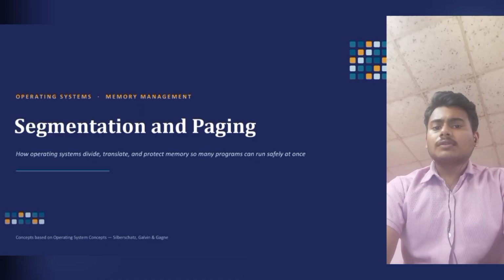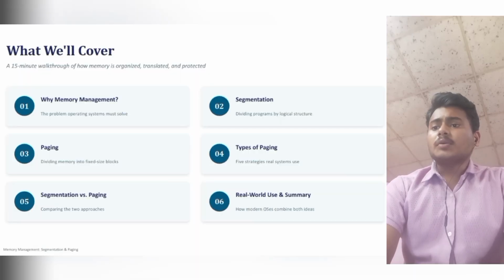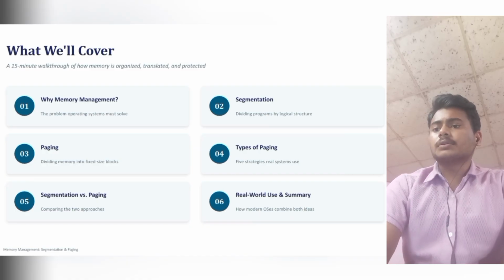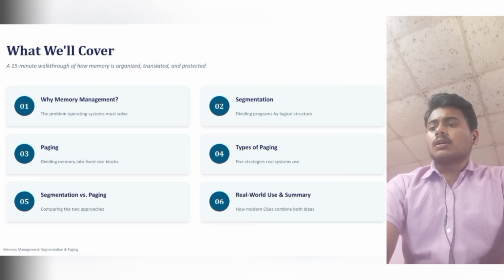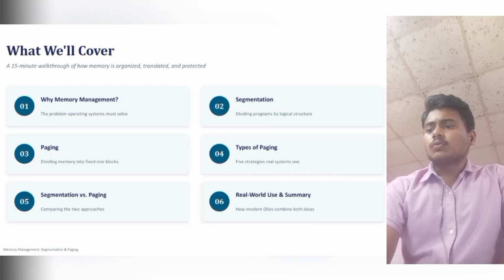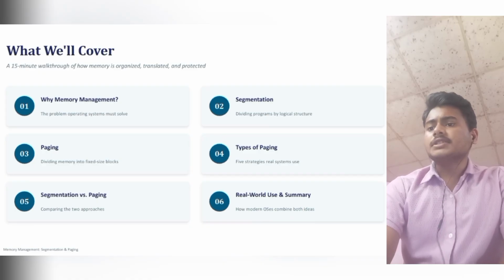We are going to cover all of these things in our presentation today. We will look at why memory management matters. Then we will cover segmentation step by step. And then after that we will do the same thing for paging.